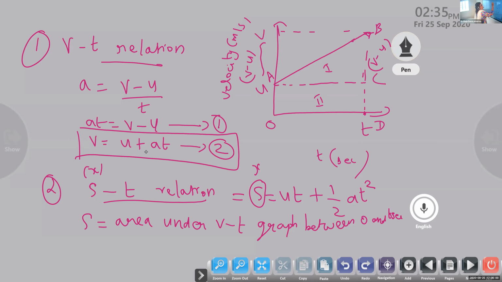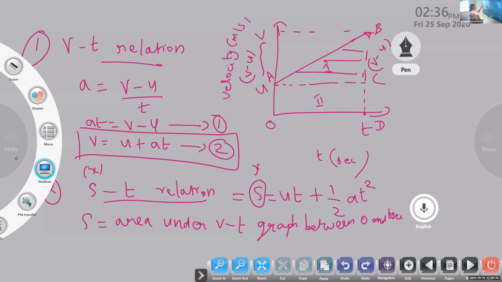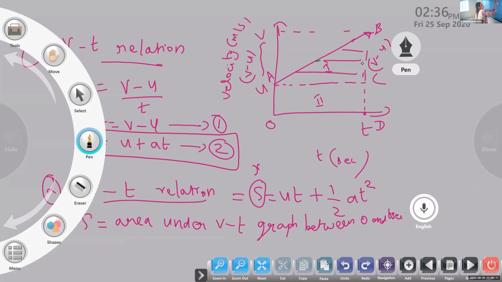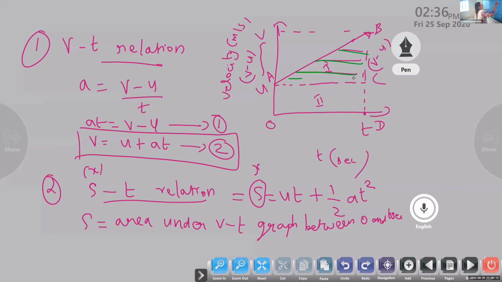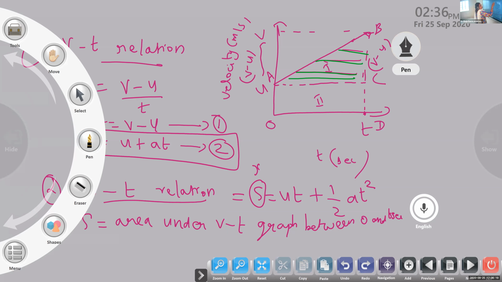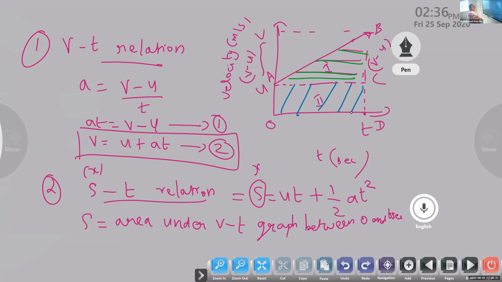Half BH means we are only considering this area, area ABC. Let us give another color so that it's easy for you to recognize. This is the area of rectangle. So these are the two areas.